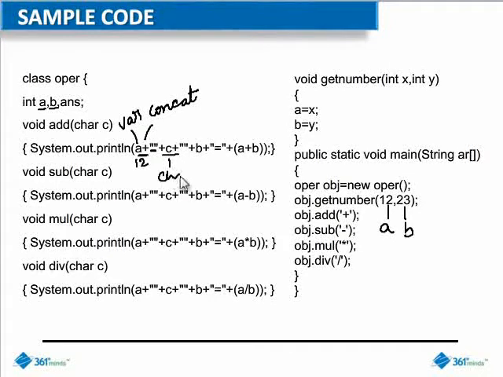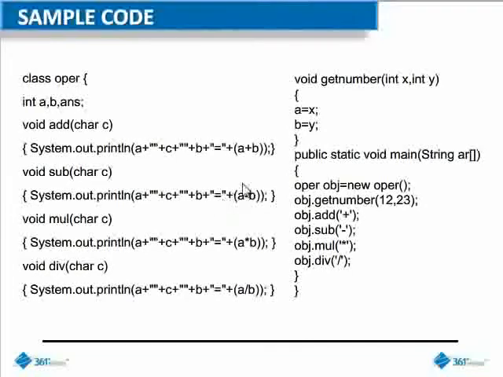And now I have the variable B with plus B plus, which are concatenation symbols, and within the double quotes I have the equal to sign, and then I have the concatenation symbol plus, and I've just passed the value of A plus B.